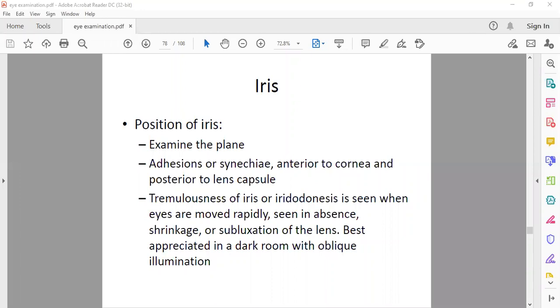Any doubt? No, sir. So I will put the link of that bacterial corneal ulcer video on the WhatsApp group. Sneha, you circulate that link to everybody, and all of you please watch that video.